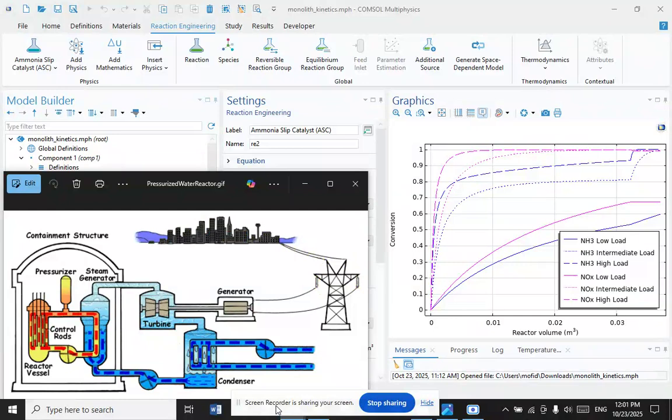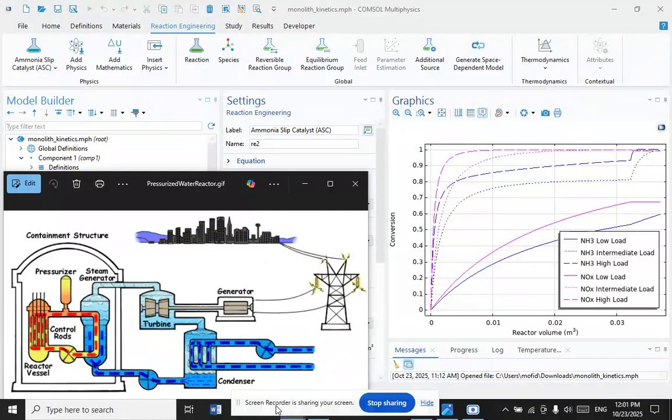The next one is computational modeling. Software such as Computational Fluid Dynamics, or CFD, is used to create a three-dimensional model of the reactor. This allows engineers to simulate and study the combined effects of fluid flow, heat transfer, and chemical kinetics within the reactor's intricate channel geometry.